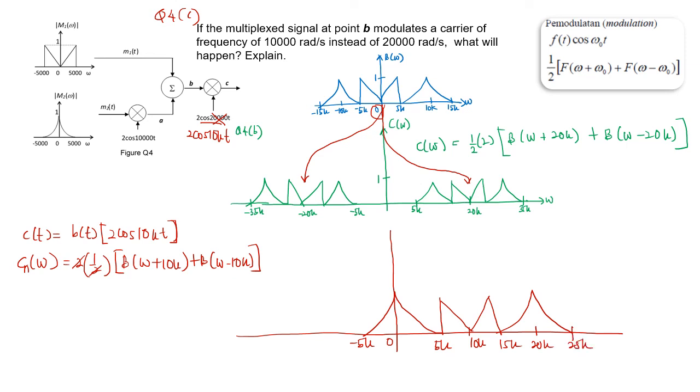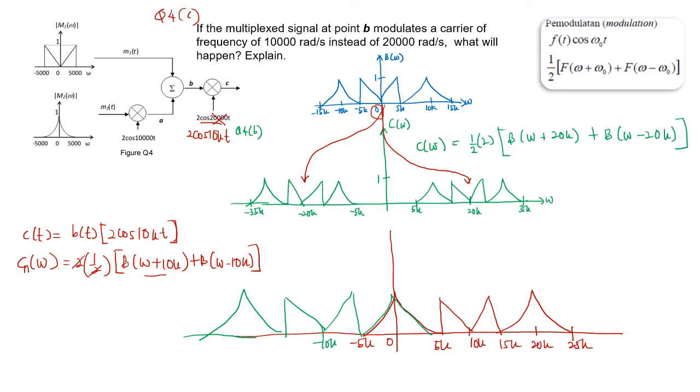And you have one more signal on the left-hand side, in which the B omega centered at 0 is shifted to the left by 10k as well. So you have this signal centered at negative 10k, and this one.